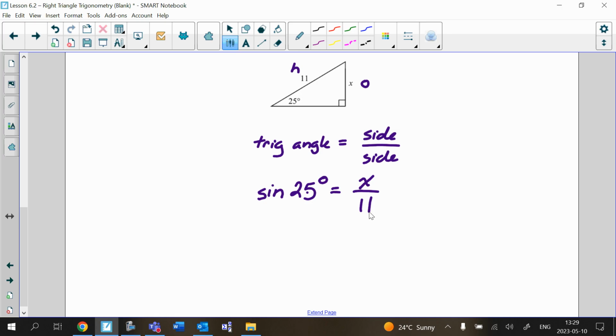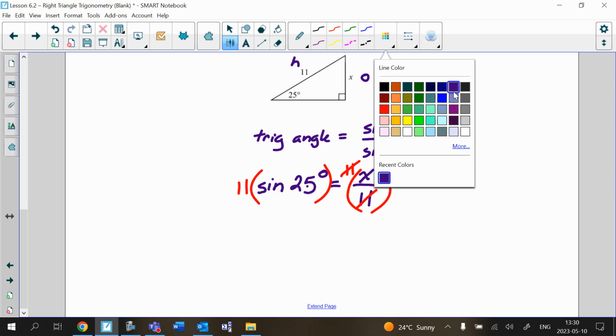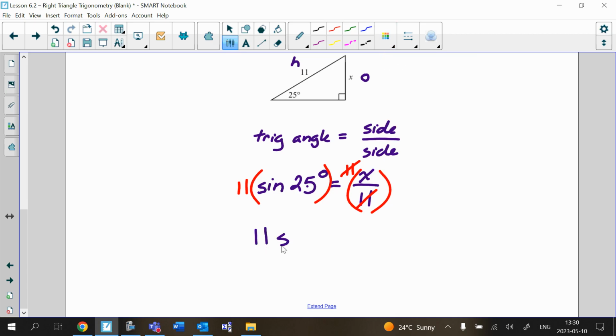So for this one, I look at this and I see, okay, I got a fraction. How do I get rid of divide 11? Multiply by 11, which means I got to do this to this side. So what does that tell me? That tells me that 11 times the sine of 25 degrees is going to get me my missing side x.